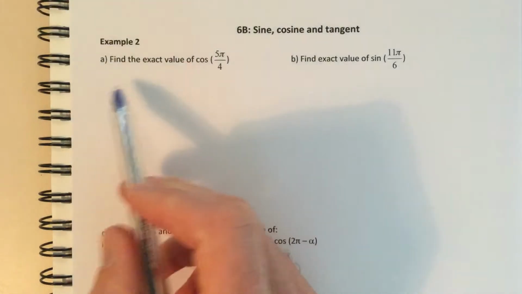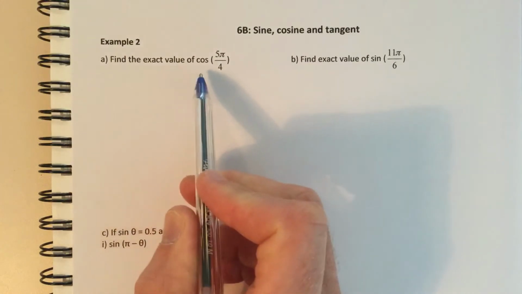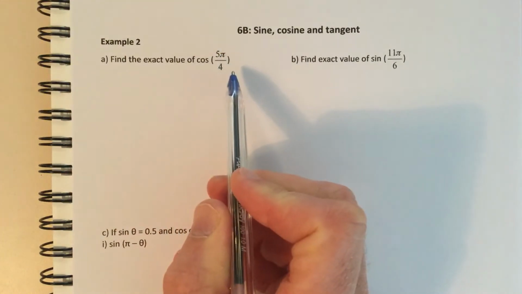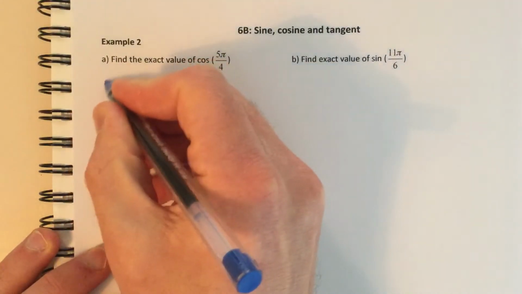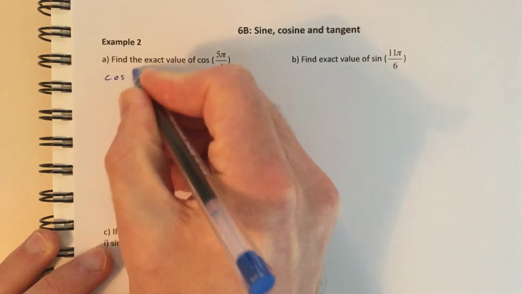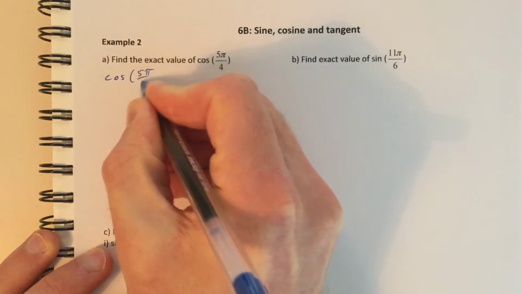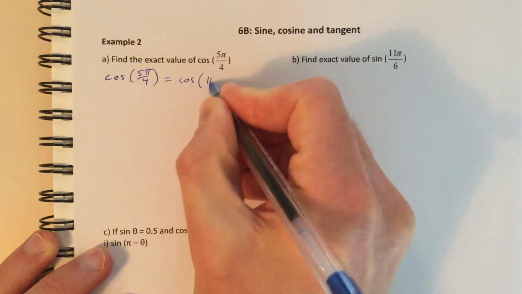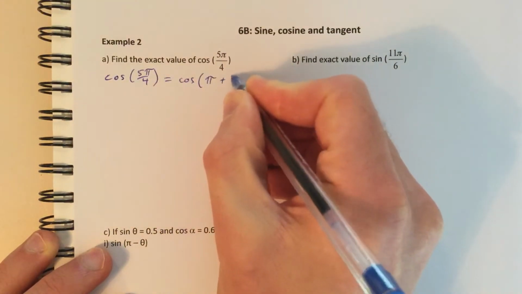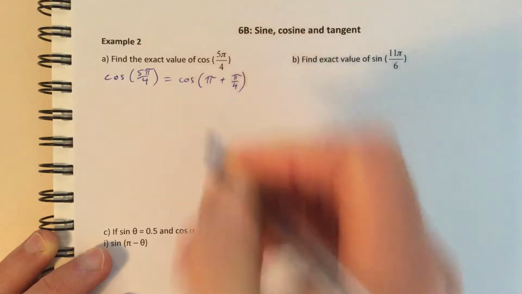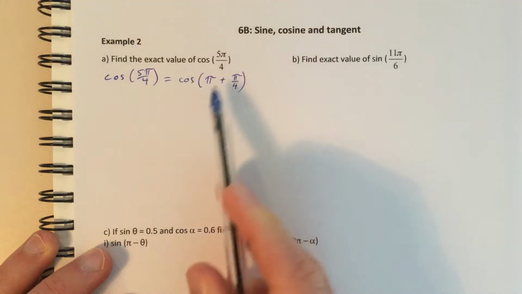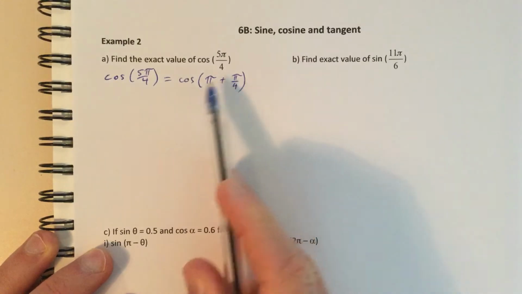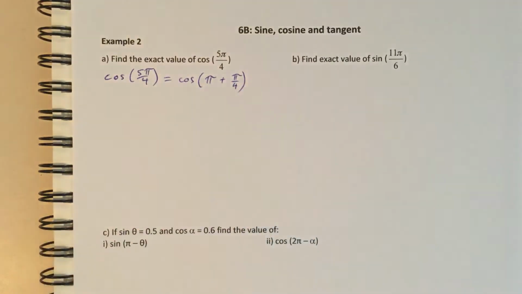In example 2a, we're being asked to find the exact value of cos of 5 pi on 4. Now, cos of 5 pi on 4 could be written as cos of pi plus pi on 4. And while it seems a bit unusual to write it this way, what this does is help us identify what quadrant our value is actually in.